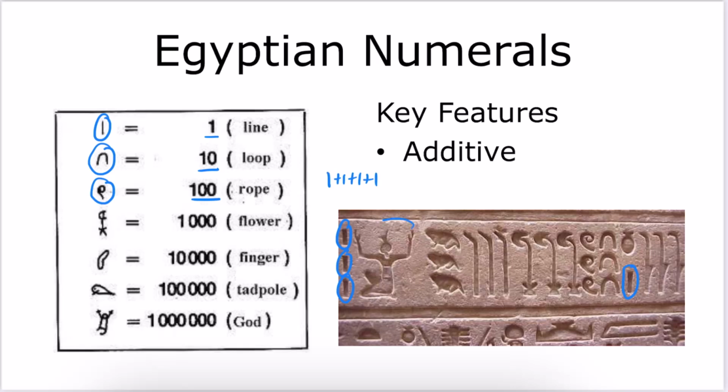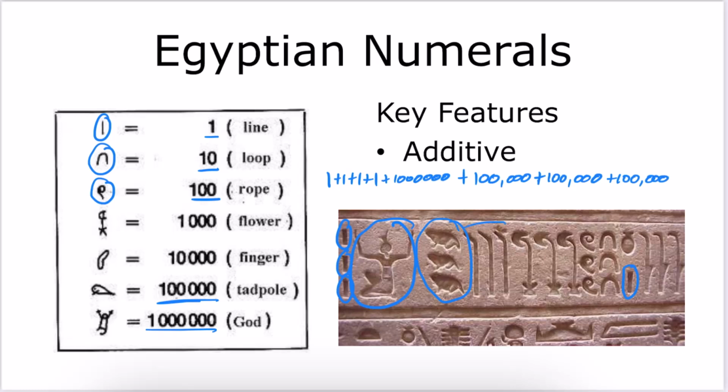And then this symbol right here is the god, or like the exalted man symbol, which represents 1,000,000. So you would add 1,000,000 to that. And then these three symbols right here are these tadpoles. And so you would have 300,000s, like in our current numbering system. Sorry, I should have 3 of them.